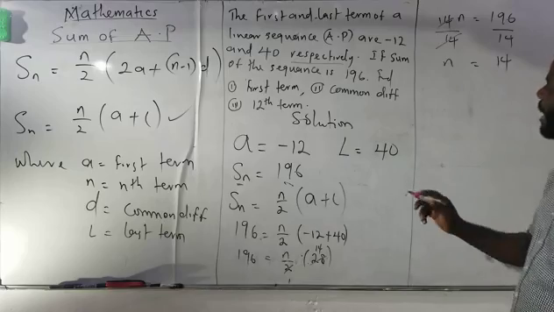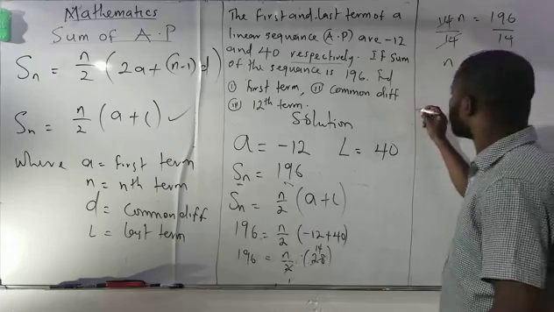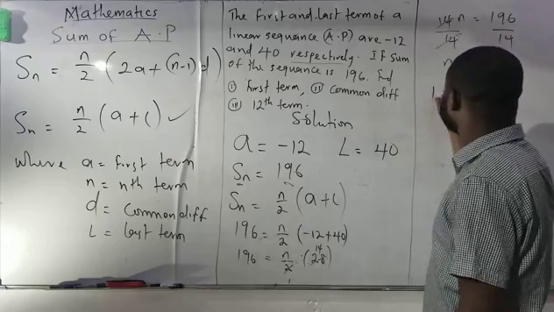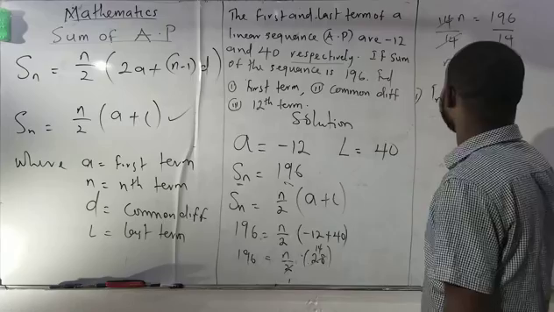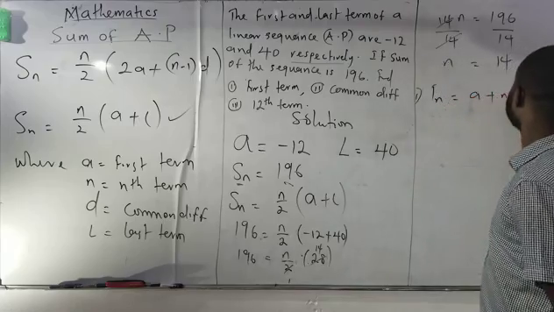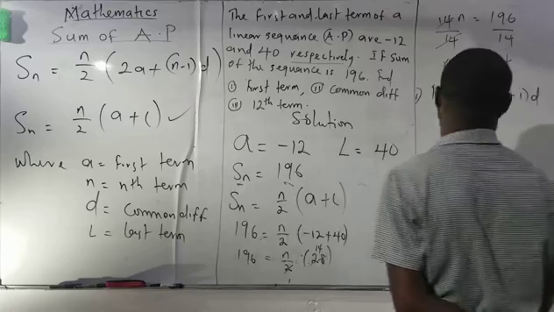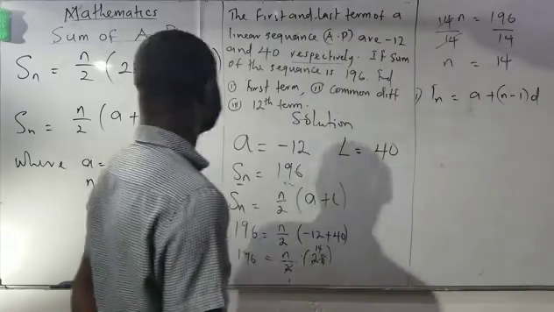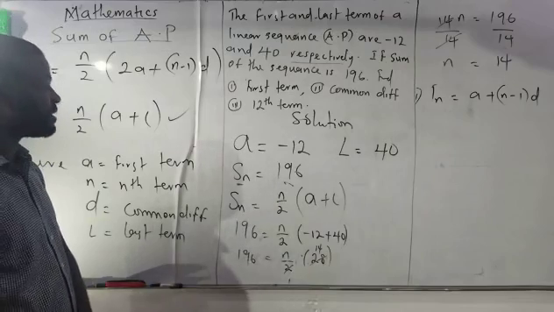I have my last term and my first term. Now, I can say that for my common difference, I know that t of n equals a plus (n minus 1) d. Can I go like this? That is the first thing I need. Now, if I'm to look for my first term, I don't know my first term.